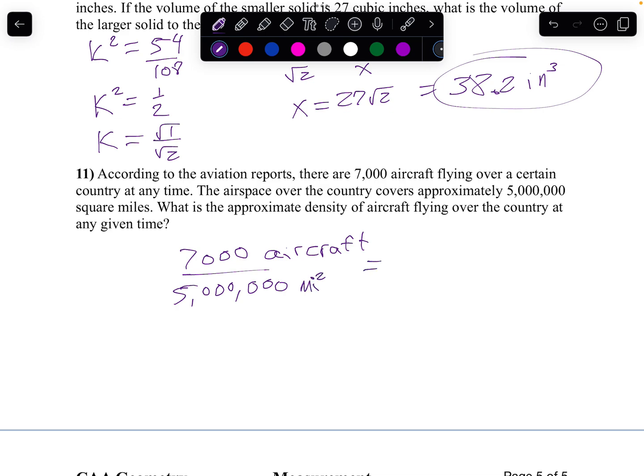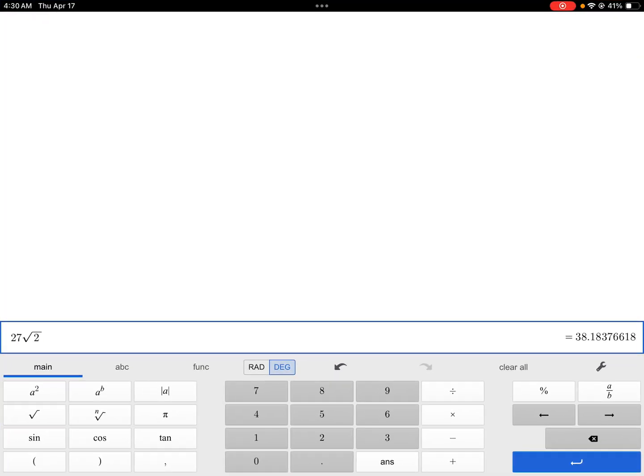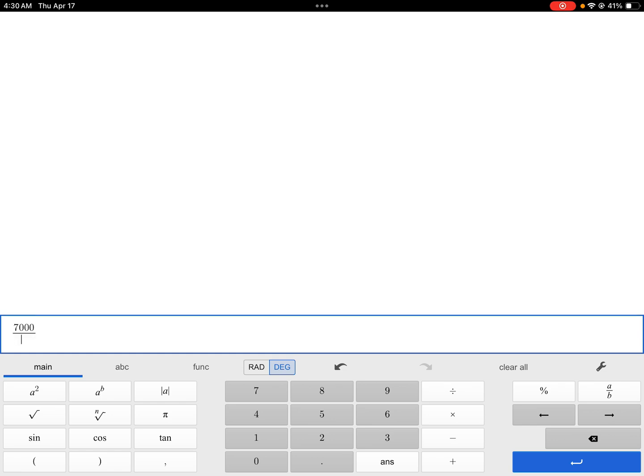So we just take 7,000 divided by 5 million. I could have reduced three of those zeros and just taken 7 divided by 5,000, but we'll just do it this way. And we get 0.0014.